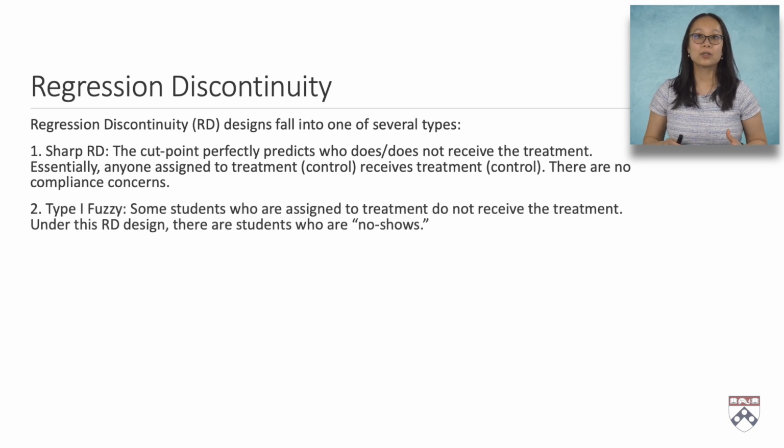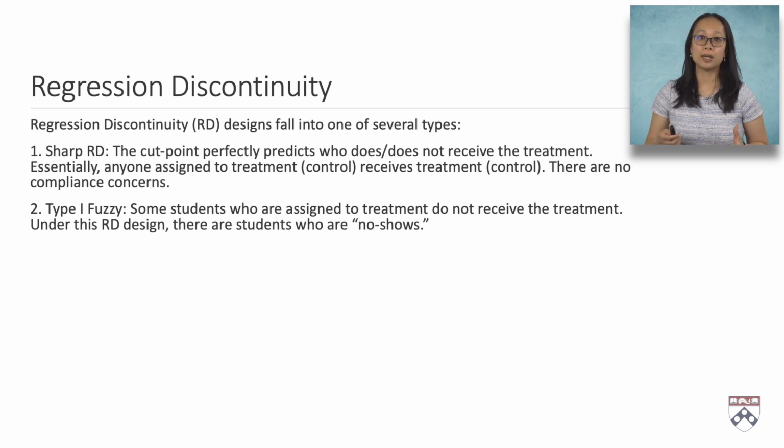But in many cases, we do have deviations from this design, and this leads to the quote-unquote fuzzy regression discontinuity designs. So the first type of fuzzy RD design is known as a type 1 fuzzy, in which some students who are assigned to treatment do not receive the treatment, and these students are referred to as no-shows. So here in a type 1 fuzzy design, some of the individuals who are assigned to treatment simply do not come to take it up.